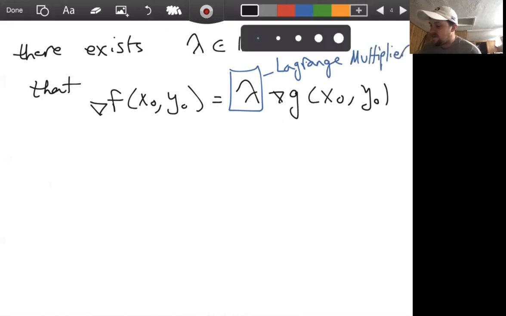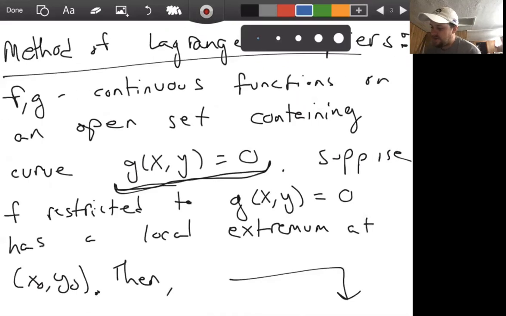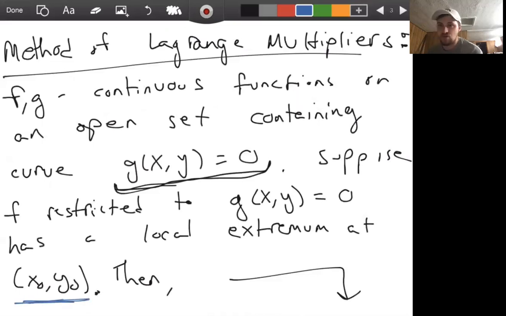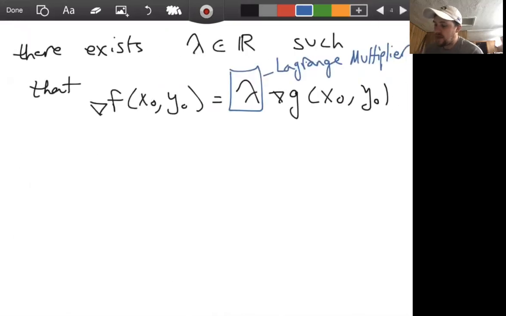And so what this theorem is saying is, if x naught, y naught is a critical point of f restricted to g, then the gradient of f is equal to lambda times the gradient of g.